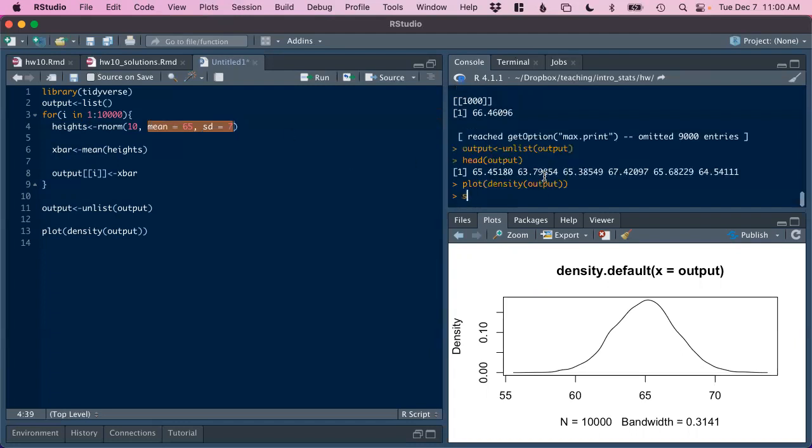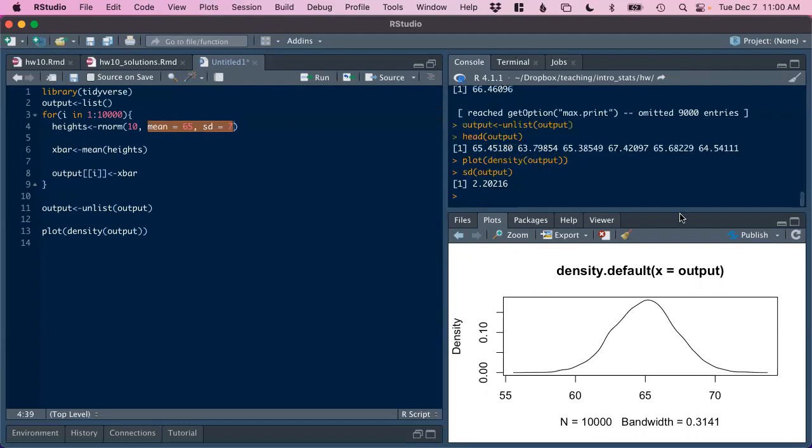But if we were to take the SD of output, we'd get 2.2, right? So we actually have a far lower standard deviation for X bar than we do for X itself. We're more certain about the location of the average height than we are about any individual's height. And that should make sense, right? If I were to pull one individual, they could be very tall, they could be very short, they could be right in the middle. But the average, we should be more certain about.